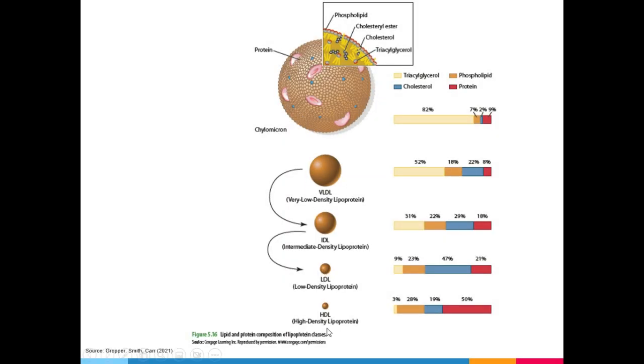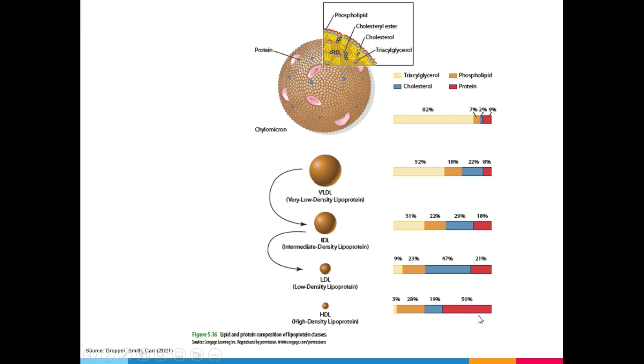And then the order goes in decreasing size, so the smallest is HDL. But in terms of weight, the density is measured by the amount of protein. And actually the heaviest or most dense lipoprotein is the HDL since 50% of it is composed of proteins.